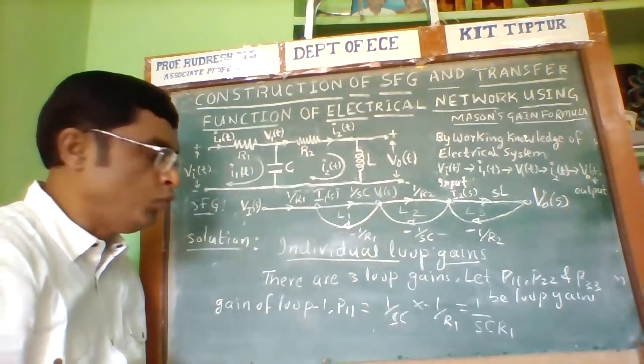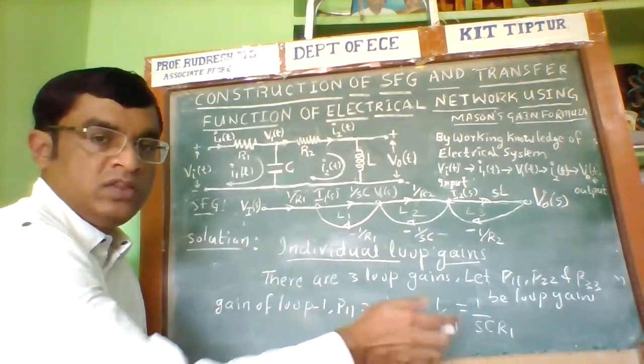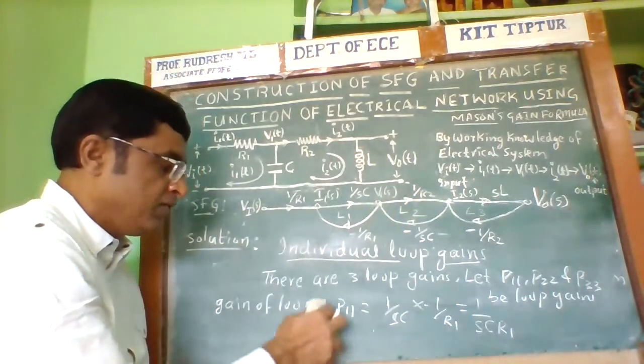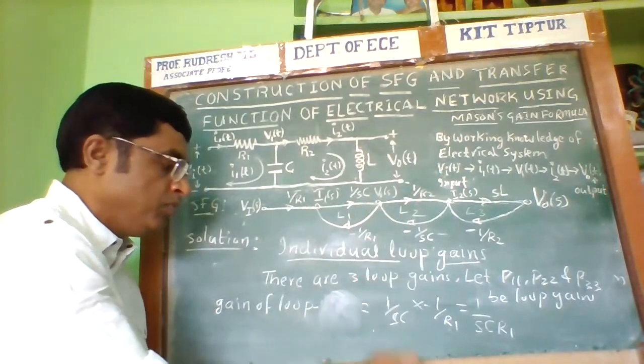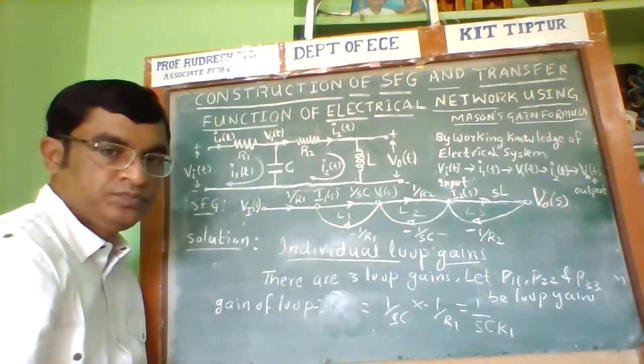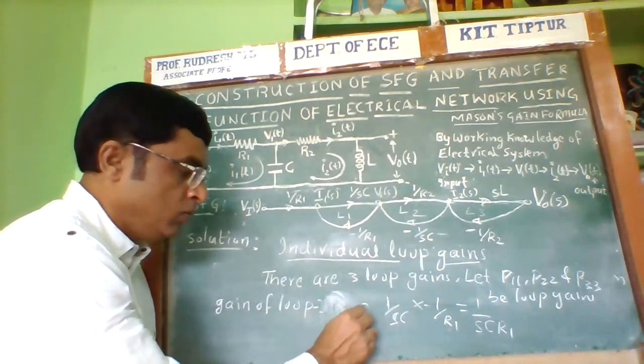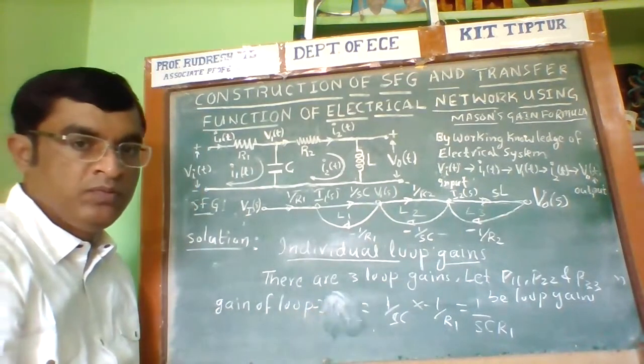The gain of loop 1 is denoted by P11. This is the value. Similarly, the gain of loop 2 is denoted by P22. What is the P22 value?